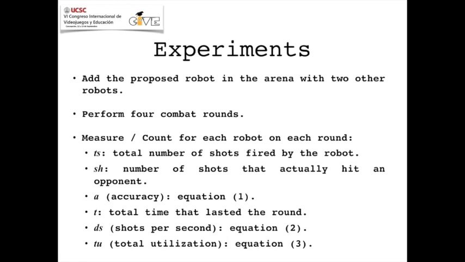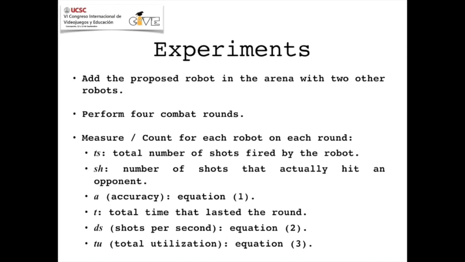That's why this is so important. And how could students conduct experiments? They were required to perform 4 combat rounds, and for each round they were required to measure some variables.